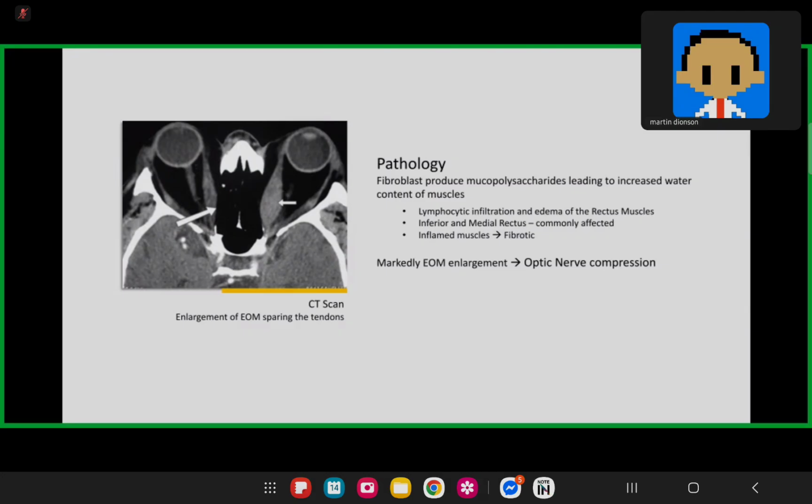So when the muscles are severely inflamed, this inflammation or enlargement can compress your optic nerve, which will lead to patients having decreased vision. So what you would know is that patients would have eye muscle movement restriction. They not only have double vision, but for severe cases, they can have loss of vision.